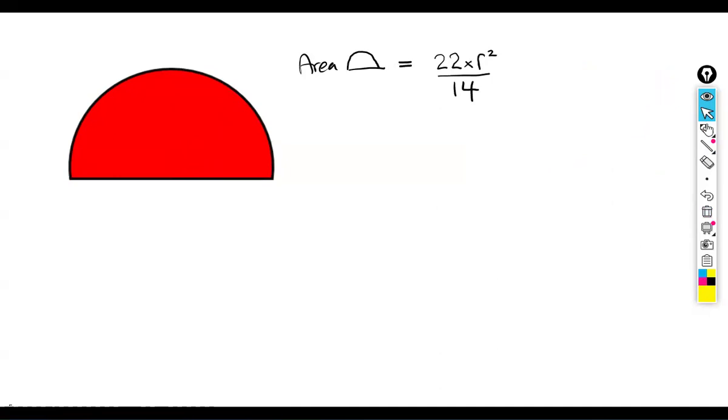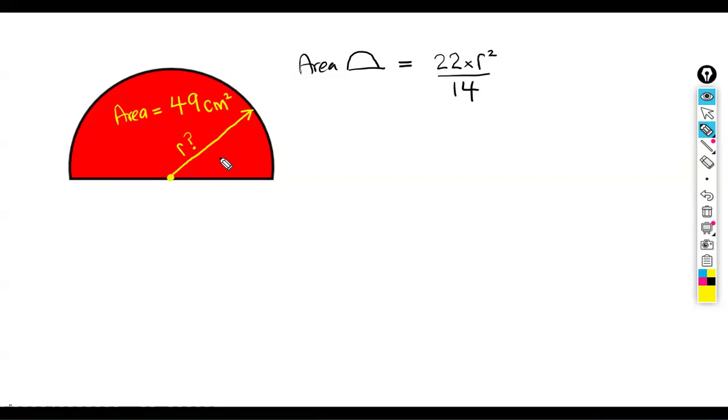Let's say the examiner told you that the area of the semicircle, which is half of a circle, is 49 centimeters squared, and they are asking you to find the radius. They don't give the radius, so I'll put an R and a question mark. Using the same exact method as last week, could you find the radius of the semicircle?